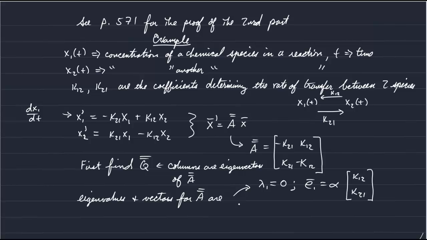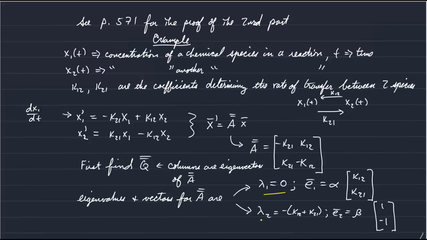We know this because we can solve the eigenvalue problem for A. And lambda 2 is equal to minus (k12 plus k21), and the eigenvector for that, E2, is equal to beta times (1, minus 1).